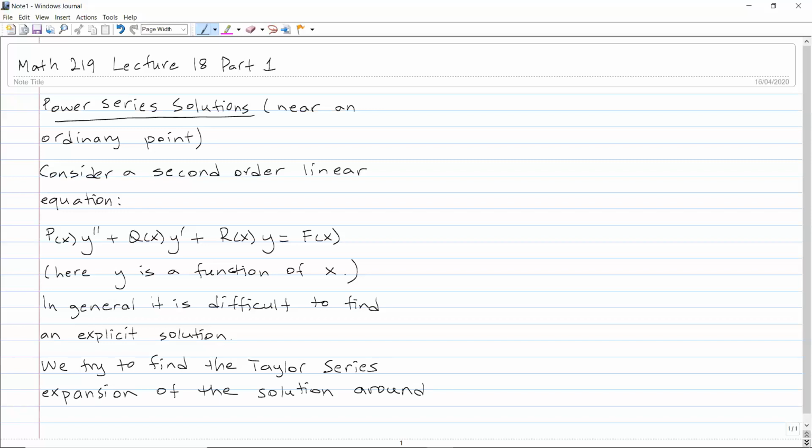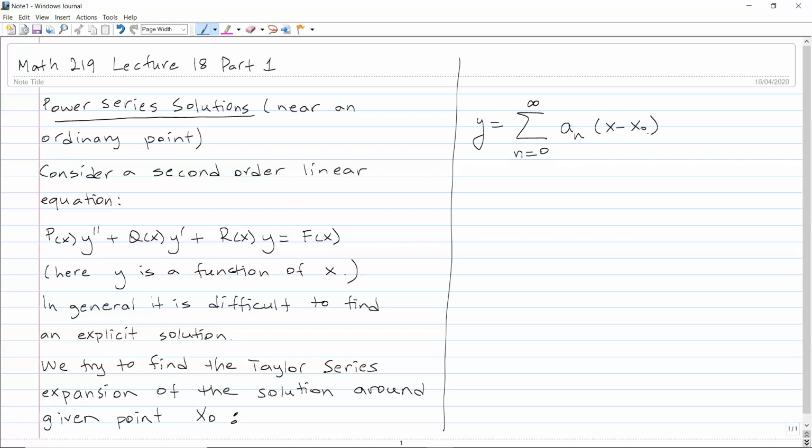So Taylor series around a given point, x0. So what we try to do, we try to write our function y as an infinite sum, from 0 to infinity, of some coefficient an times x minus x0 to the power n.